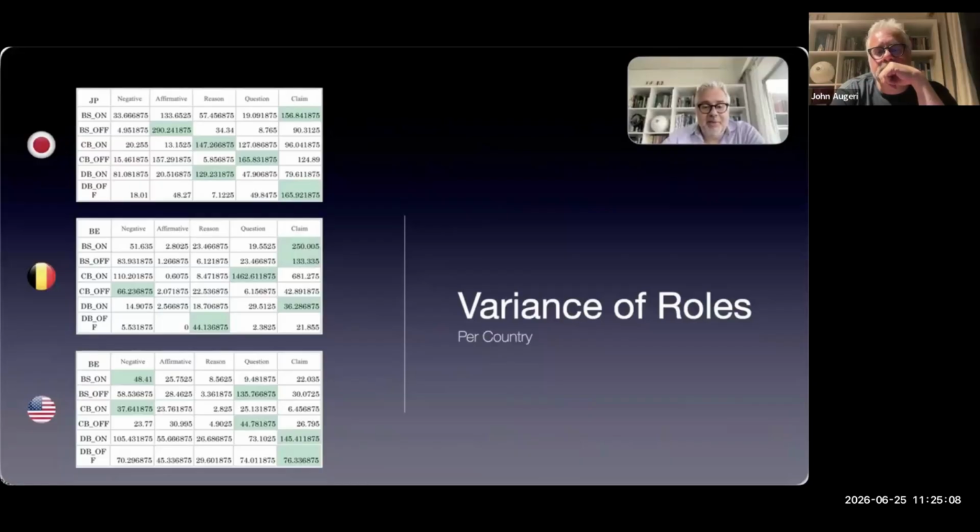In these tables, you have green cells that show the highest variance that we observe for each experimental condition. In all the countries, no tendency was observed for the roles with the larger variance to be biased towards claims. These results showed that the bias varied depending on the type of discussion, basically.